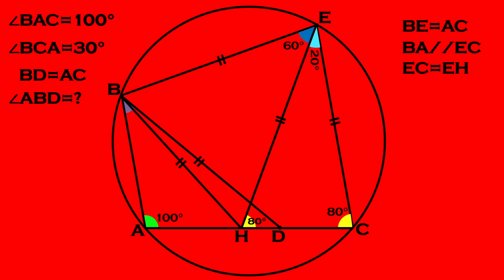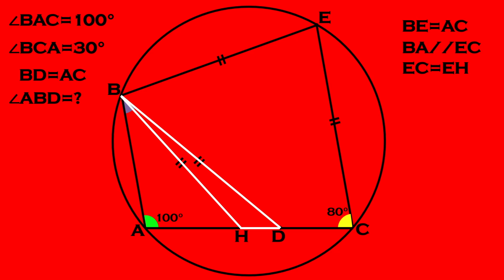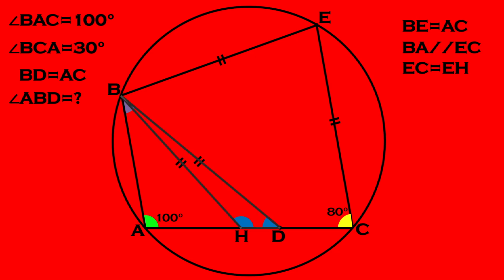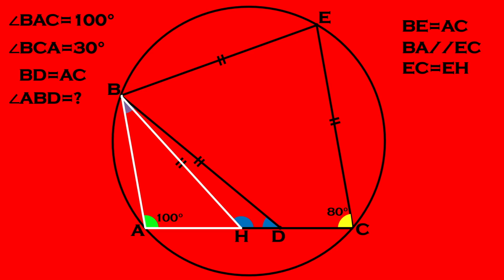Now let's remove these lines in order to see more clearly, and let's focus on this white triangle. We can see that BH is equal to BD, therefore it's isosceles. And because of that, the two blue base angles must be equal. Now, the base angle to the left is an external angle of this white triangle.